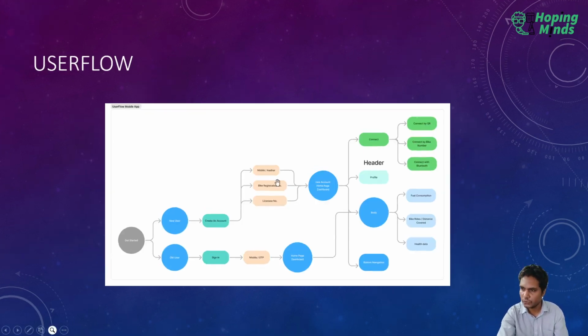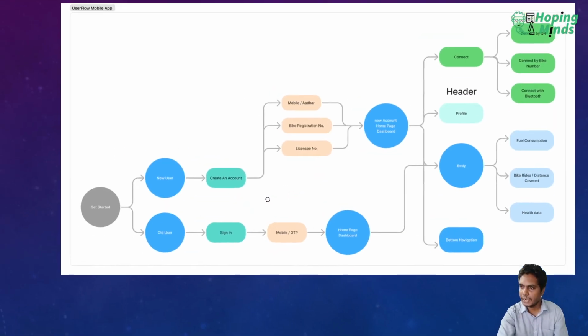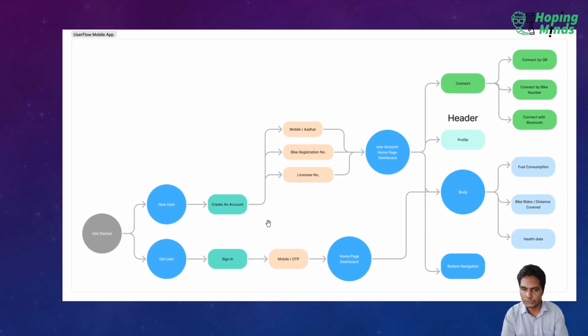This is the user flow. I think user flow is also a very important aspect of the whole journey of creating a mobile application or web application. Basically, you need to know all the pages which are going to be there.